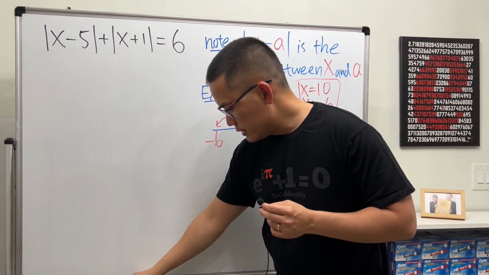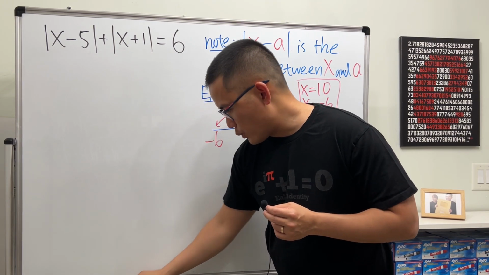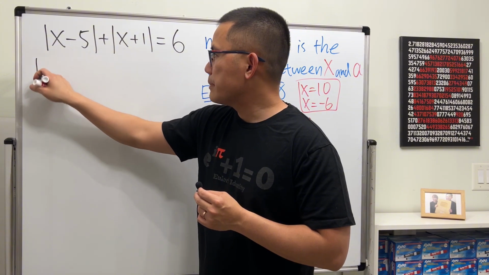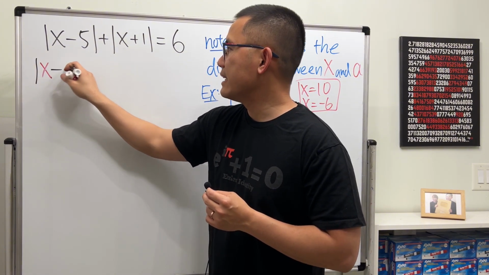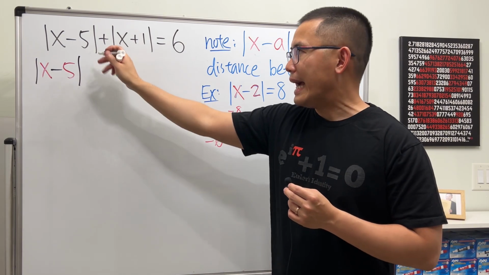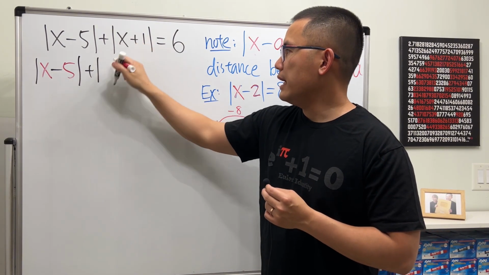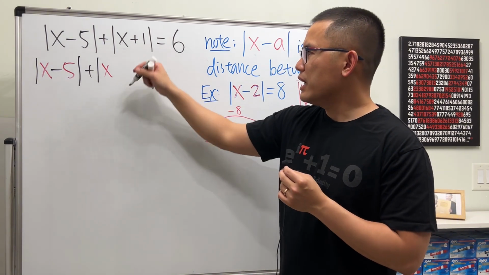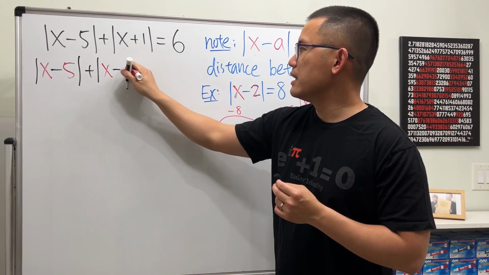Now, let's use this idea to help us with this equation. Let me rewrite it. This is the same as absolute value x minus 5, and then we are going to add the absolute value x. But that's a plus though. Don't worry. Look at the plus as minus negative 1.